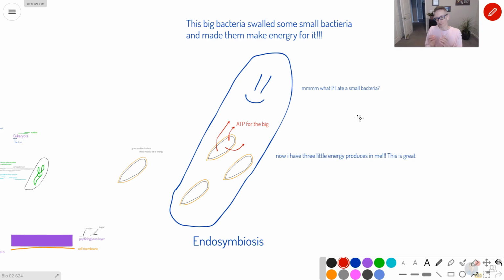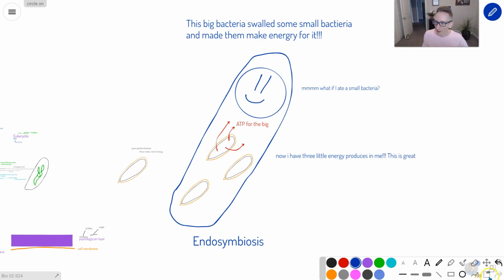Eventually it kind of pinched off some of its membrane, swallowed something else to make a nucleus. If you look at the nucleus, it's actually got two layers around it. So we think that kind of swallowed another cell, and then that became the nucleus.